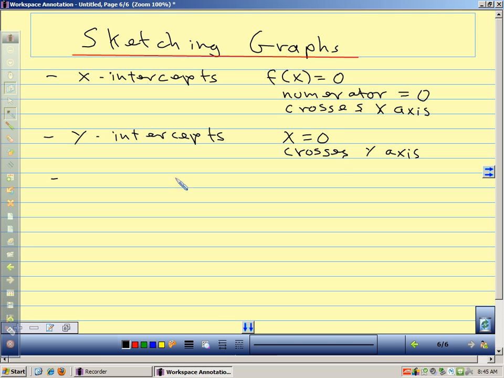We want to find the vertical asymptotes. We just talked about how we find them. It's where our function is undefined, or normally where the denominator is 0.